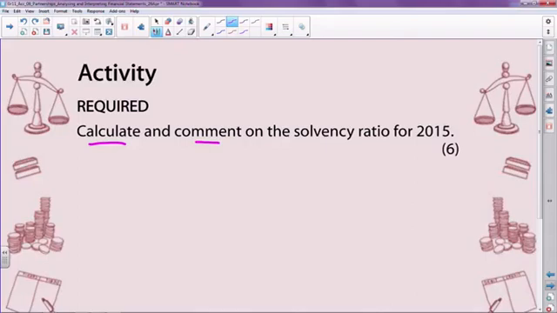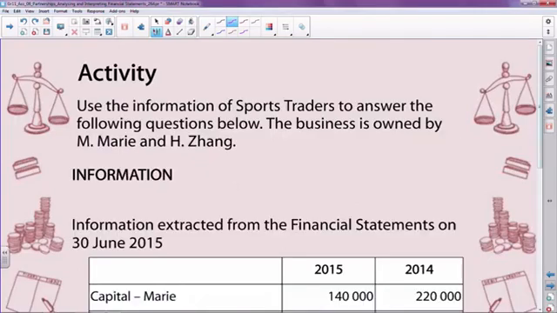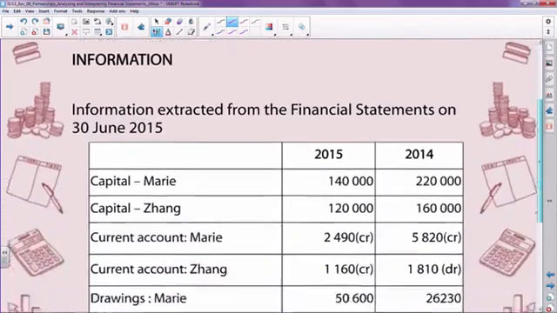So let's do the calculation together. In order for me to calculate solvency, I'm looking at total assets and I'm comparing this to total liabilities. Remember, the question only wants you to do the calculation for 2015. So let's go to our information. Okay, and let's start with total assets.